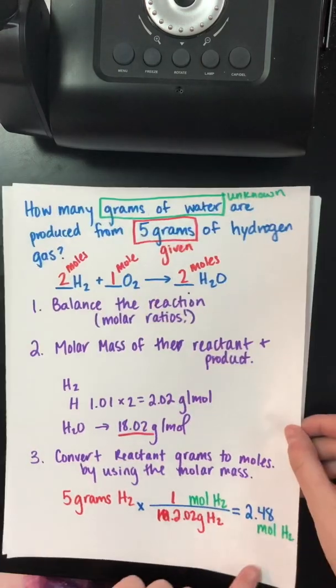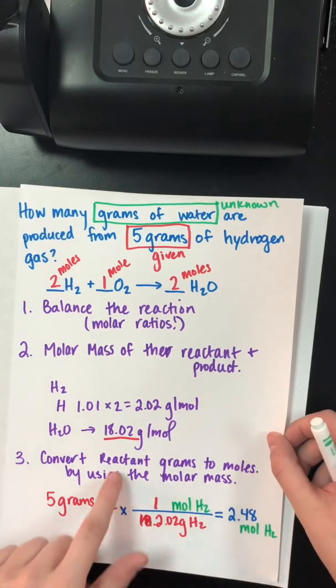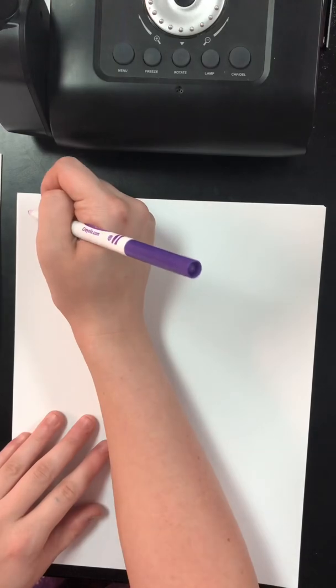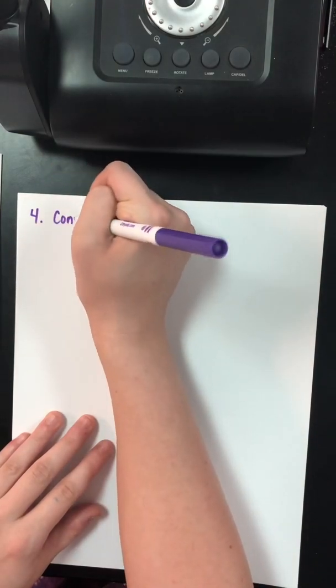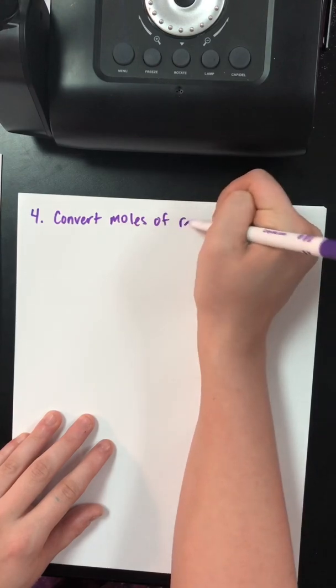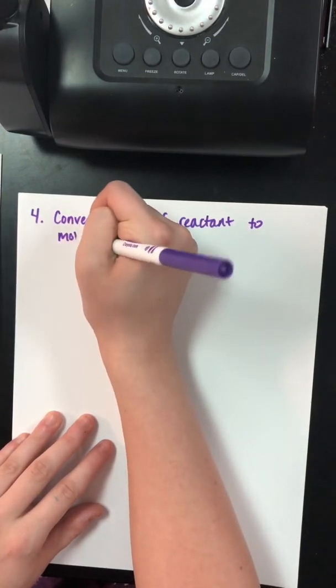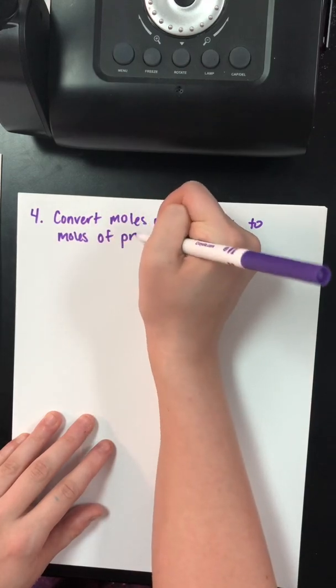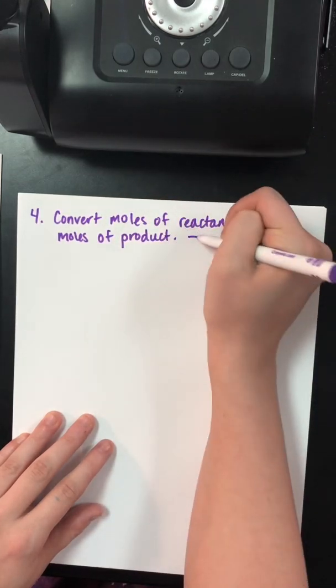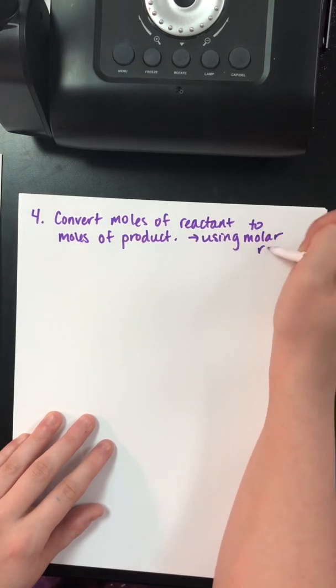The next step is we're going to take this answer and convert from moles of our reactant to moles of the product. Step 4. Convert moles of reactant to moles of product. We're going to do this by using the molar ratio this time.